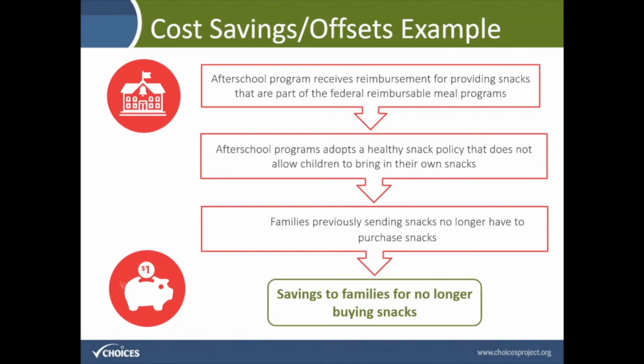The cost offset is a savings to the family of not having to buy those snacks. Notice that the implementation of the program doesn't depend on the family buying or not buying snacks. The change in the spending of the families on snacks is merely a consequence of the program.